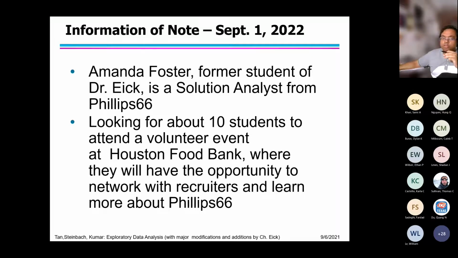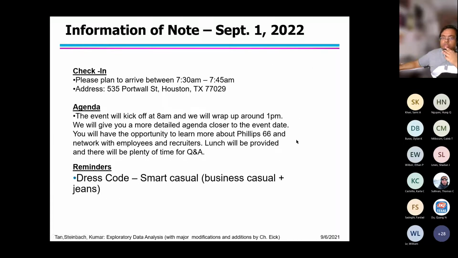And Phillips 66 has recruiters and stuff coming over there. The date is not here, but it is actually Friday, September 9th. So note that down. If you want to volunteer, just send either one of the TAs, me or Dr. Eick, an email as soon as you can, and we will forward it to Amanda.